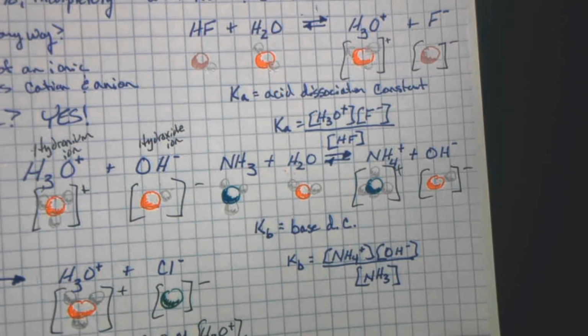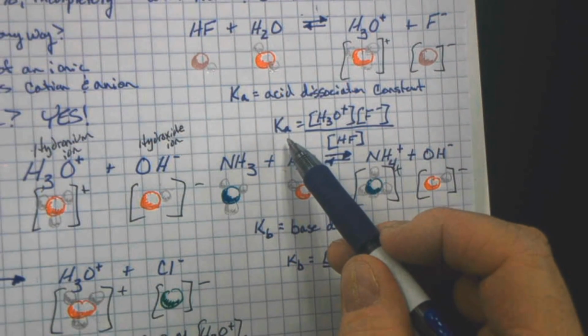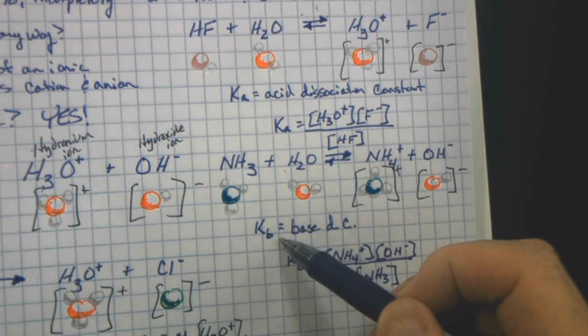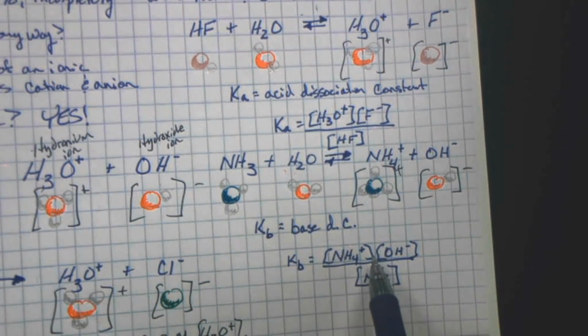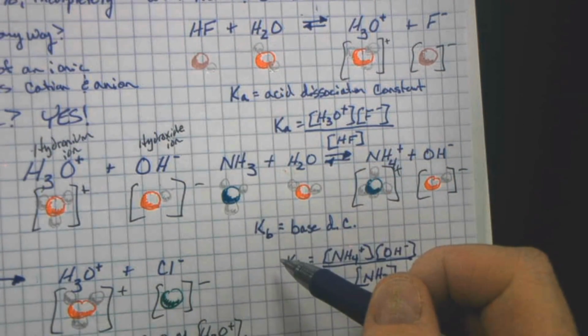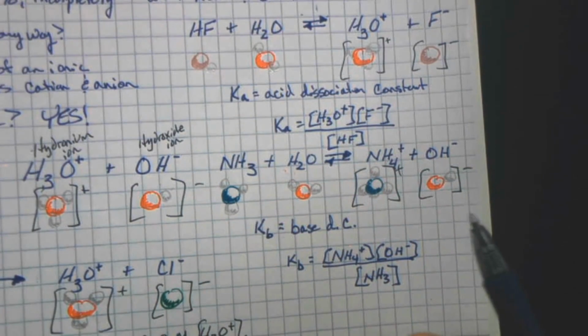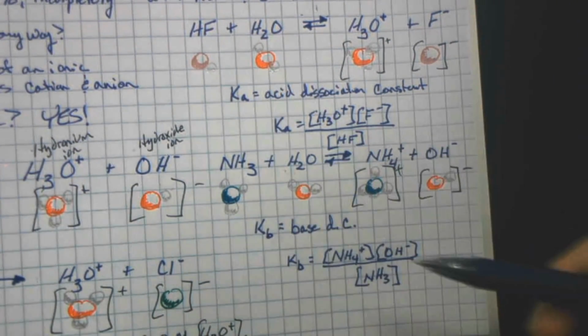Now, just as a concept, if the Ka is large or the Kb is large, that means we're creating a lot of acid or a lot of base, right? Because the numbers on top are going to be larger than the numbers on the bottom. So the larger the Ka, the larger the Kb, the more it's going to dissociate when it's at equilibrium. The smaller the Ka, the smaller the Kb, the less it's going to dissociate.